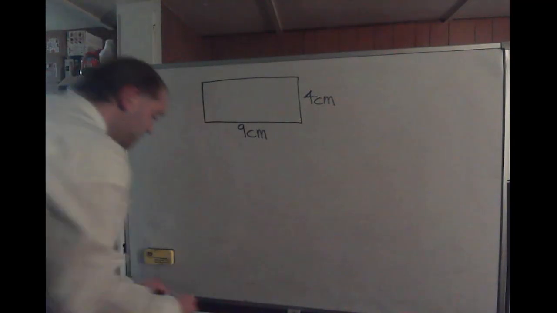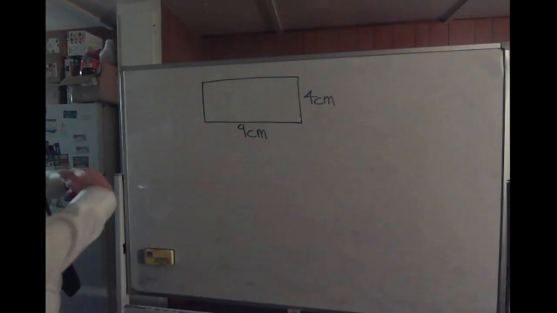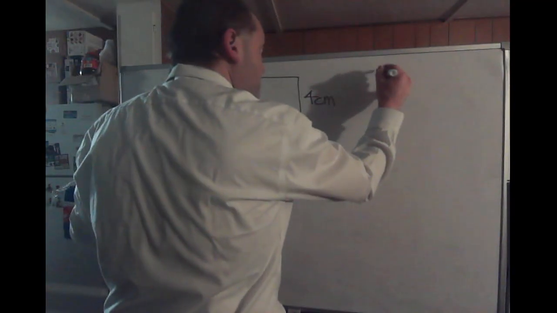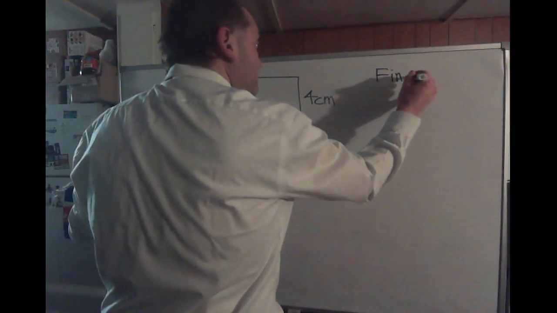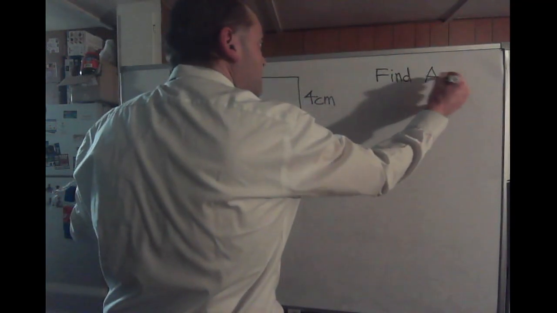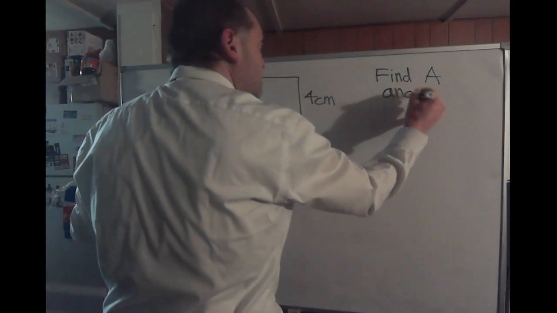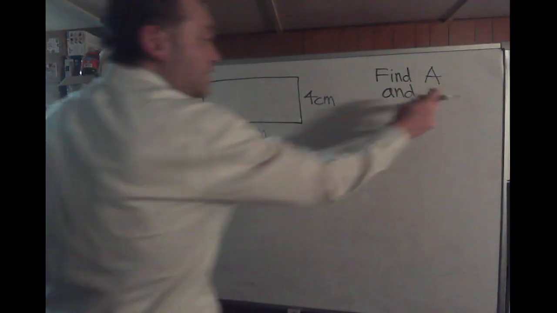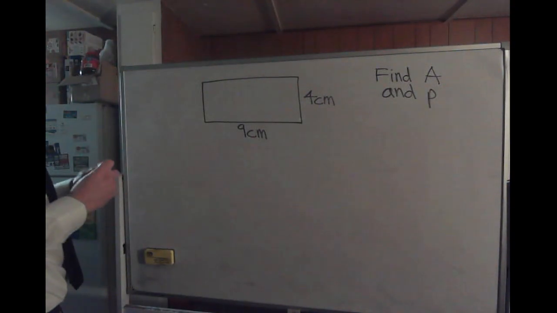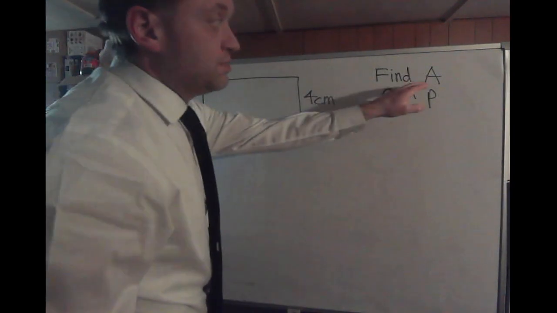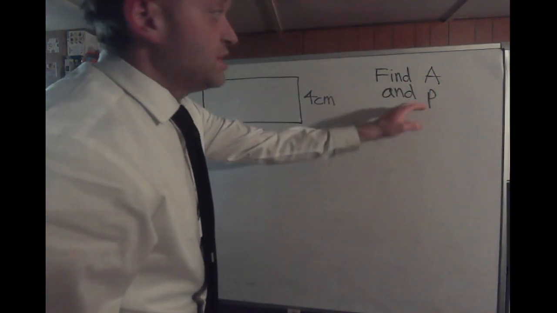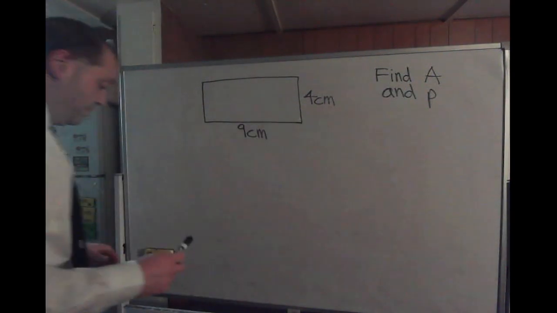There are two things they're going to ask us to find: the area, which is abbreviated uppercase A, and the perimeter, which is abbreviated lowercase p.